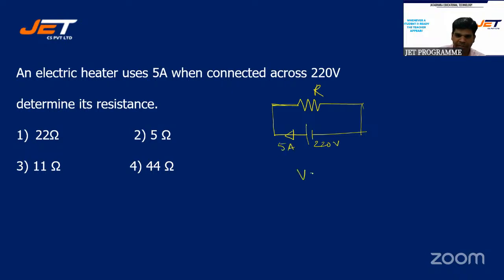So I'll get V is equal to IR, which implies 220 is equal to 5 times R. R is equal to 220 by 5, 5 fours are 20, which is equal to 44 ohms.